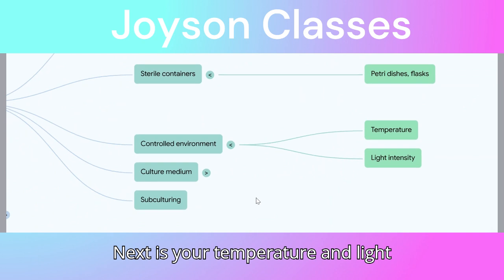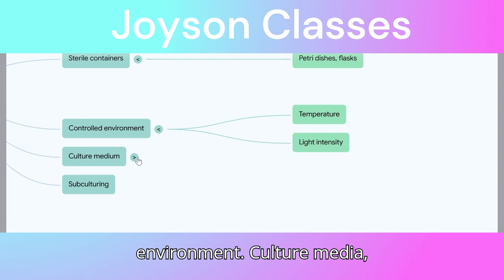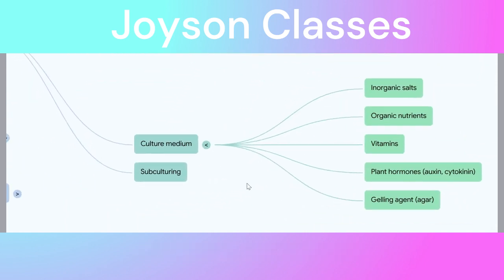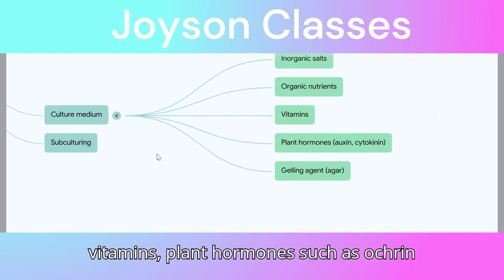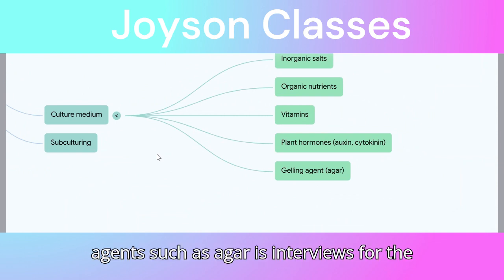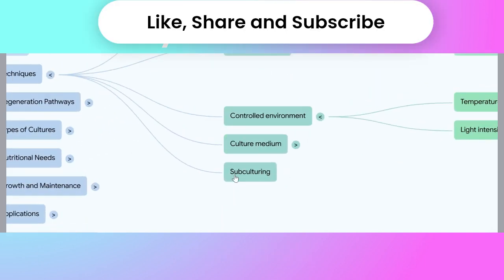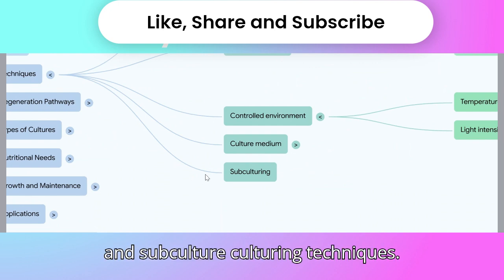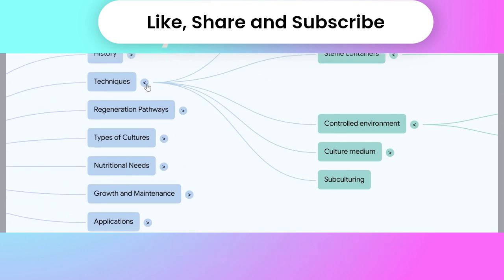Next is temperature and light intensity, that is your controlled environment. Then culture media: inorganic salts, organic nutrients, vitamins, plant hormones such as auxin and cytokinin, and gelling agents such as agar are introduced for the culture medium. And culturing techniques. These are all the techniques.